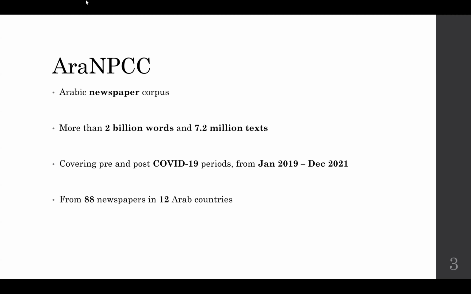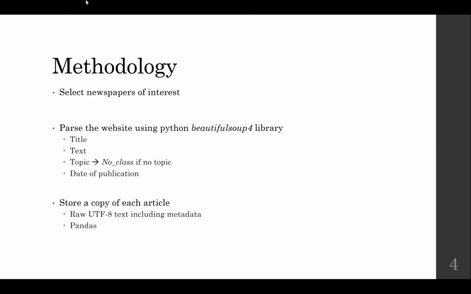So we wanted to see if there's language change, etc. We have collected more than 2 billion words from 7.2 million articles, covering the period before COVID-19, starting from January 2019 to the end of 2021. So it's a 3-year period. The texts were collected from 88 newspapers in 12 Arab countries.